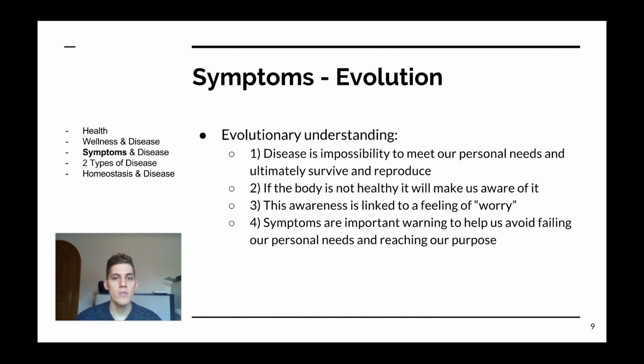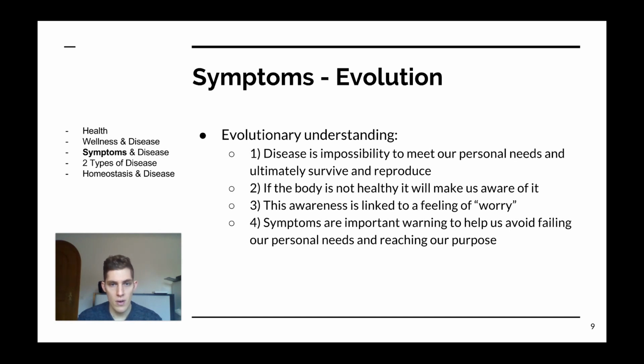Now, symptoms and evolution again. If we look at symptoms from an evolutionary standpoint, we can easily derive a model that fits into the previously chosen definition. Evolutionary understanding, as we said, is a scientific approach that helps us explain why things are the way they are.